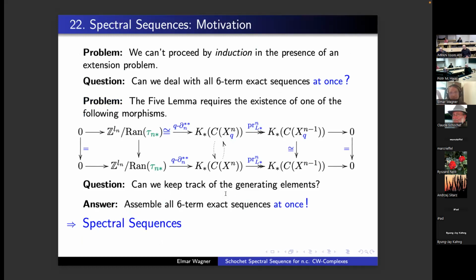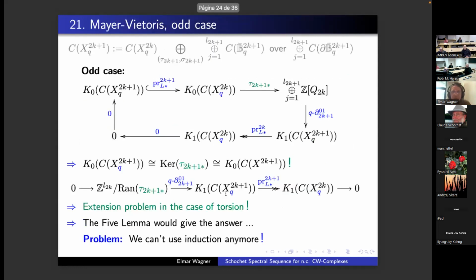And can you explain why induction doesn't work anymore? Yeah, because in the induction process, I know that these groups are the same as in the classical case. But here I cannot guarantee it. It's up to extension.